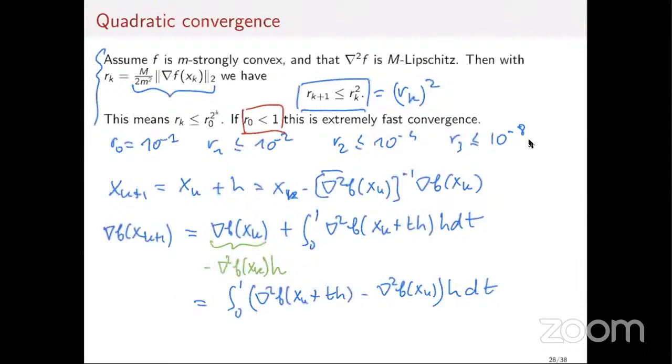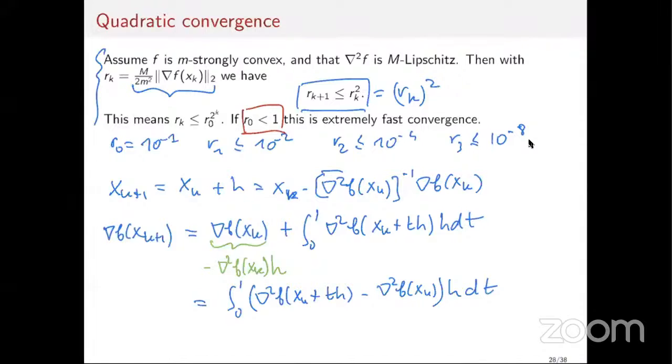Here I'm assuming that F is M strongly convex and that the Hessian is big M Lipschitz. These are strong conditions on F, assumed just to make the proof simple and to give you some justification of this. But there are indeed other assumptions that one can put and still prove quadratic convergence.